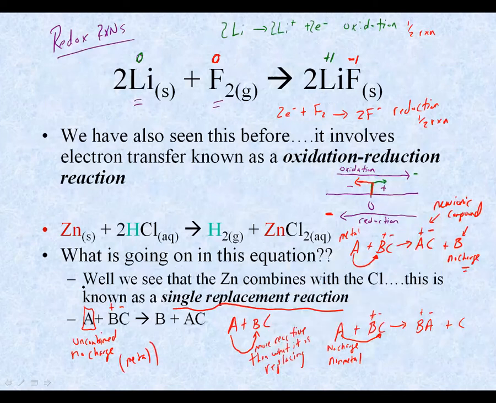So if we look up here, you can see the general profile of what we were just talking about. We have our metal here that is uncombined, has no charge. We have hydrochloric acid, which really is a positive and negative guy. So essentially what's going to happen here is the zinc's going to come in and kick out the hydrogen.